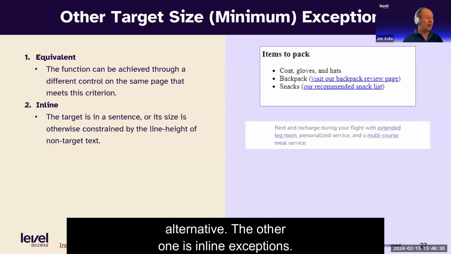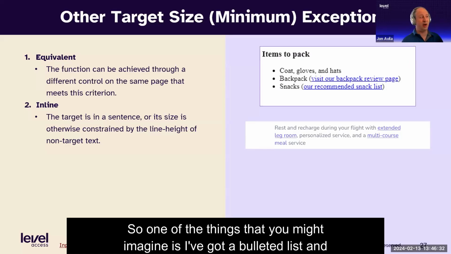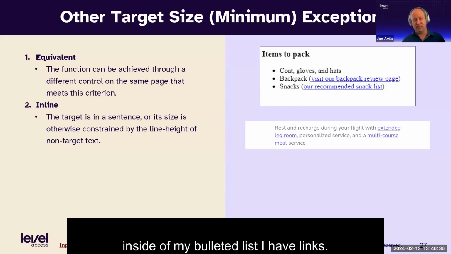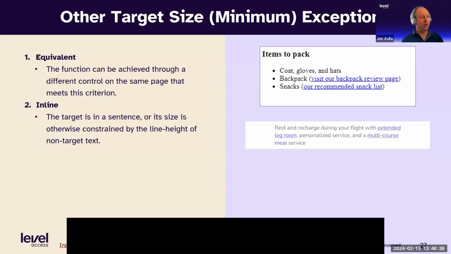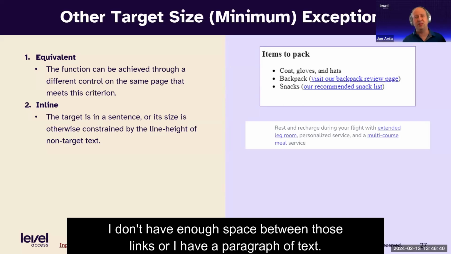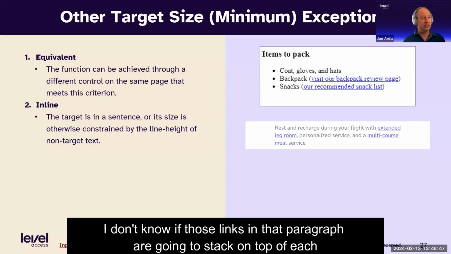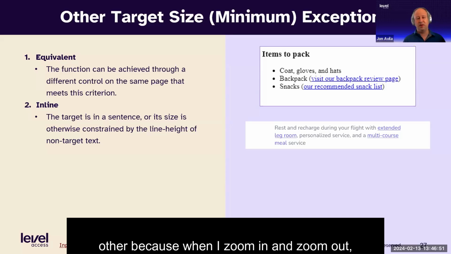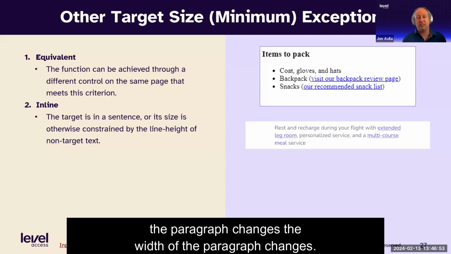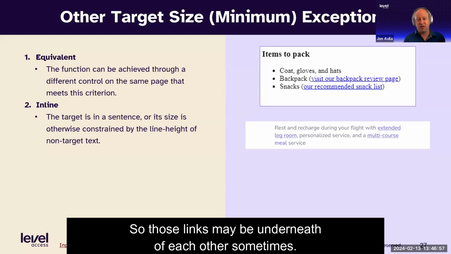The other one is inline exceptions. Imagine I've got a bulleted list, and inside my bulleted list I have links. I don't have enough space between those links, or I have a paragraph of text that has links in it. I don't know if those links in that paragraph are going to stack on top of each other, because when I zoom in and zoom out, the width of the paragraph changes. So those links may be underneath each other.